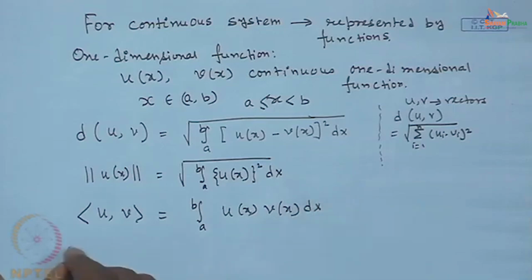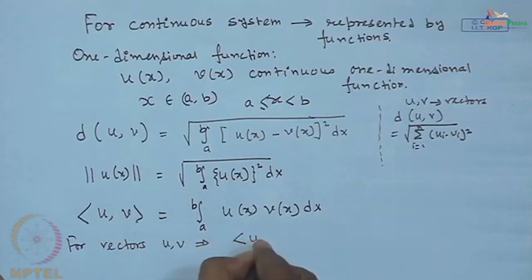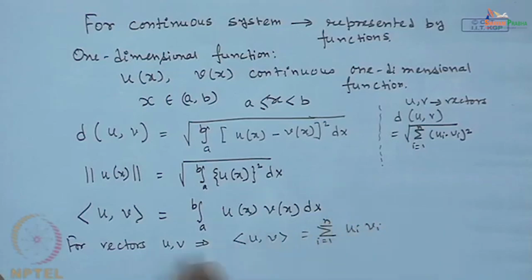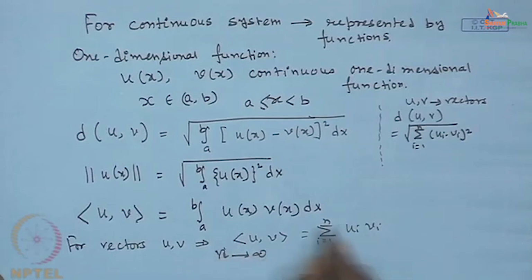So, for vectors u and v, the inner product between u and v is nothing but the summation over i equal to 1 to n of u i v i. When n tends to infinity, this discrete domain will be simulated by the continuous domain.